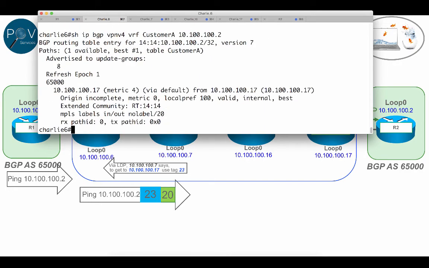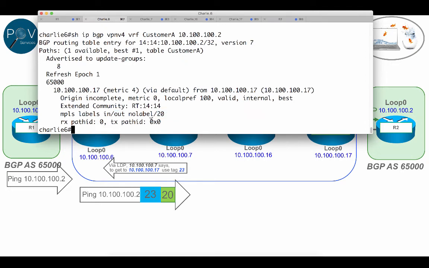What we're going to see is that in Charlie6, 10.100.100.2, which is over here, is being given via BGP VPNv4 by Charlie17, which is a few hops away, and we are told that the label that we're supposed to send to it is a 20.